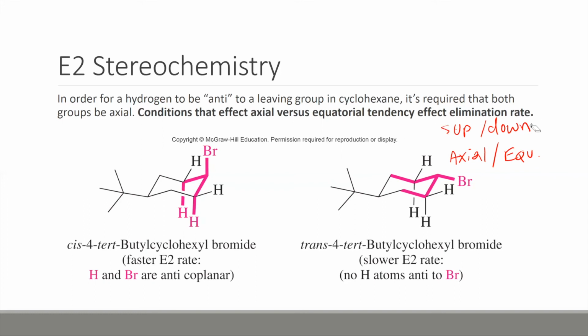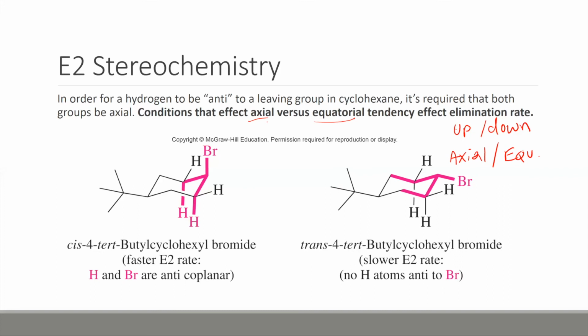But for cyclohexane rings, first they have to flip in a way that things are axial as well. Generally, this just means conditions that affect if a ring is axial versus equatorial, and we've talked about how that can be affected. Remember that certain groups on a ring will shift the tendency of the ring to be in an axial versus equatorial position. These rings are generally flipping between axial and equatorial, back and forth.